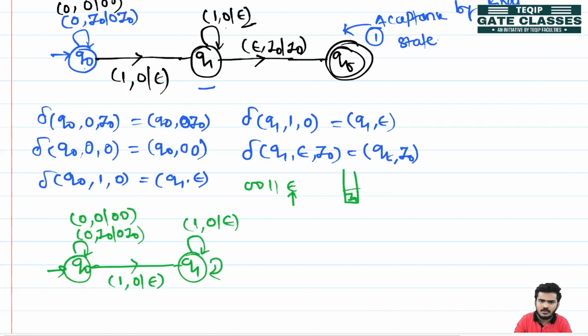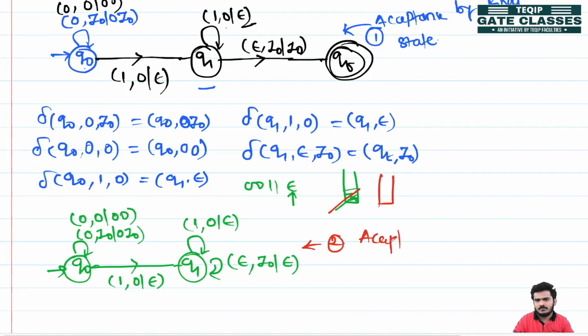Suppose epsilon is the input and top of the stack is Z0, then we will pop that Z0, so this Z0 will not be there. So finally we can say that the stack will be like this only, nothing is there in the stack. So this is the acceptance by empty stack.